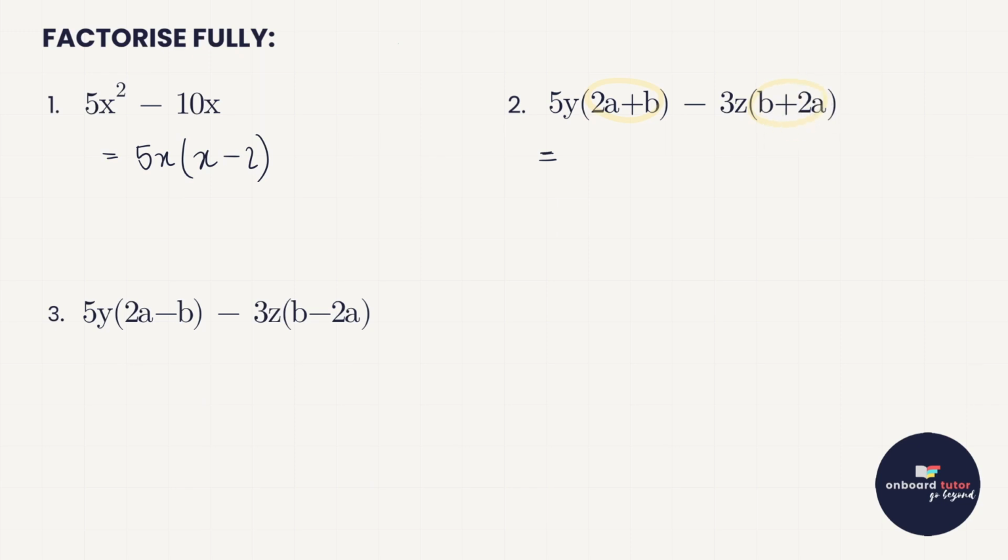But when it comes to adding, we are allowed to change the order of terms. That's known as a commutative property. So in other words, this is in fact the same as 2a plus b. And so since the bracket is common, I can take out a whole bracket as a common factor, 2a plus b, and I'm left with 5y minus 3z.